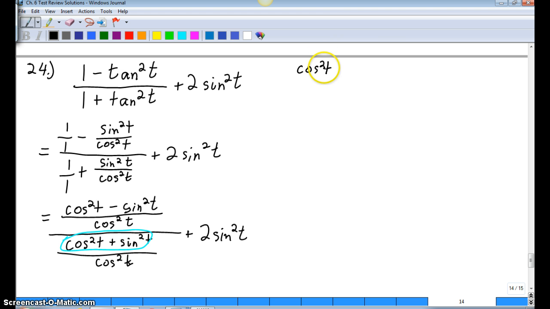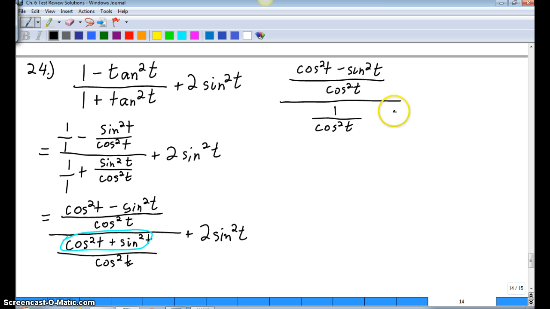Cosine squared minus sine squared is not an identity. However, cosine squared plus sine squared is just 1. So it's 1 over cosine squared plus 2 sine squared.